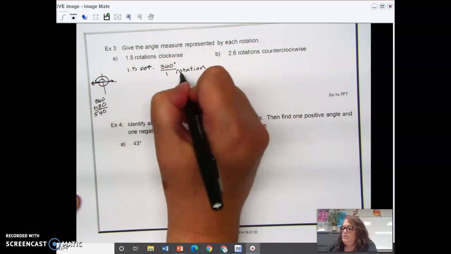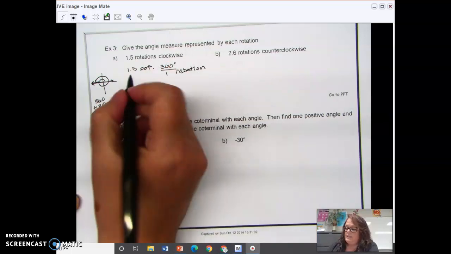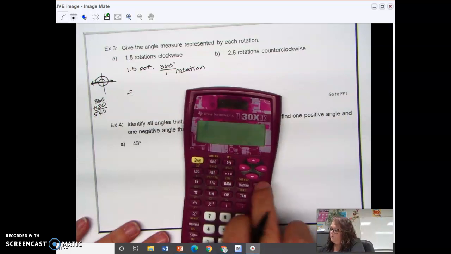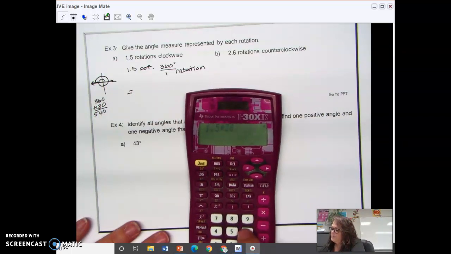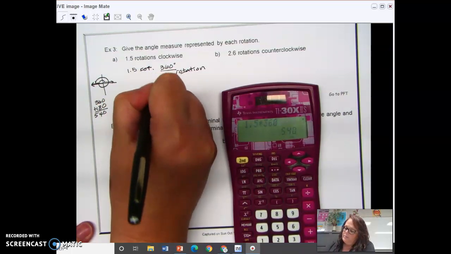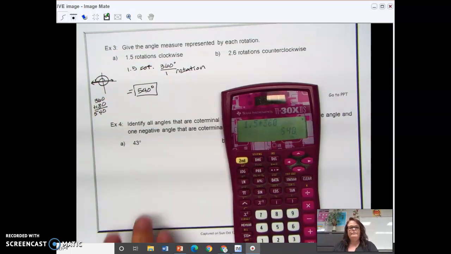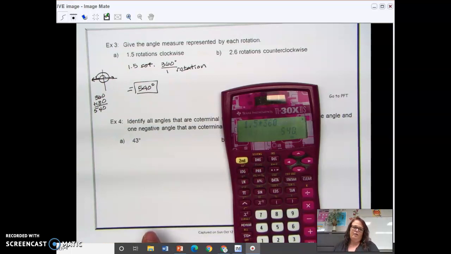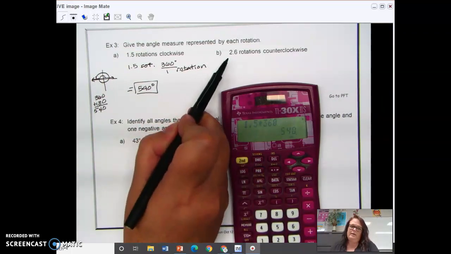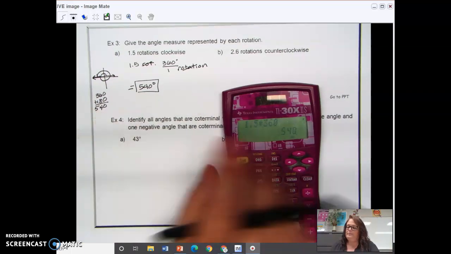So now these rotations cancel and I just get degrees. And so in our calculator, if we do 1.5 times 360, we get 540 degrees, just like we predicted, but we don't have to start making guesses as to how far a half a revolution is. So for example, 2.6 revolutions might not be as easy to do graphing, okay?